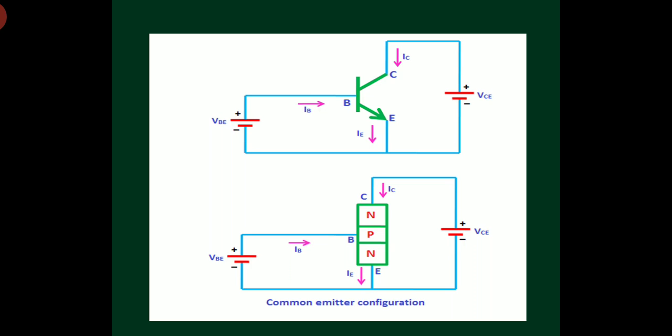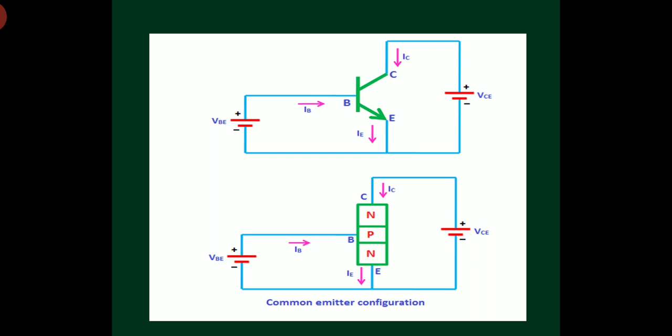This makes junction JE forward biased. I am using the notation VBE, which represents the voltage between base and emitter.